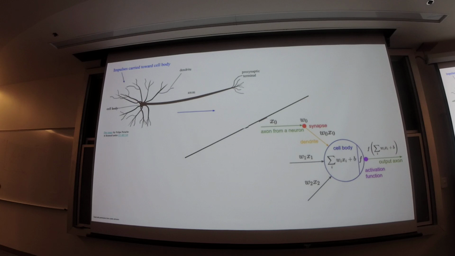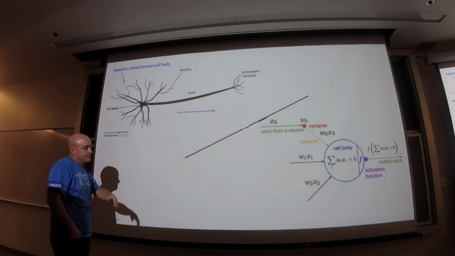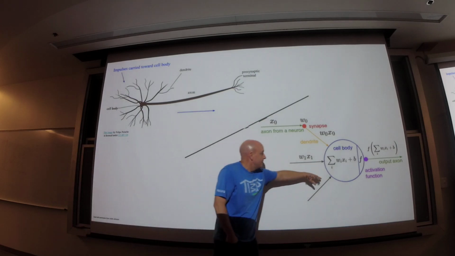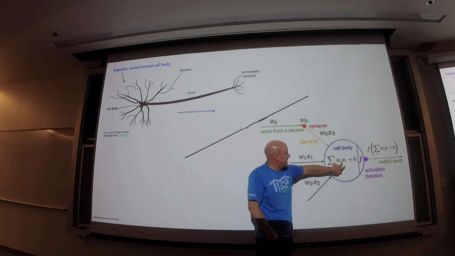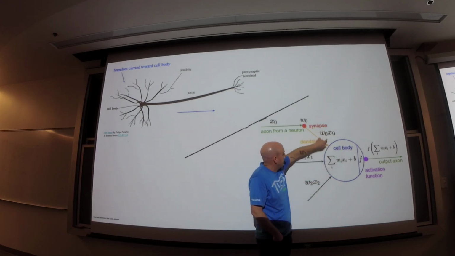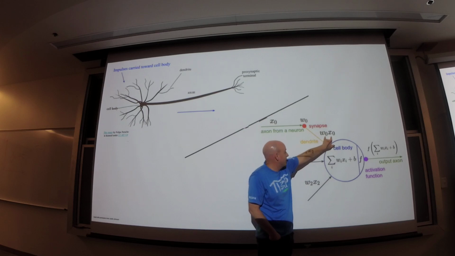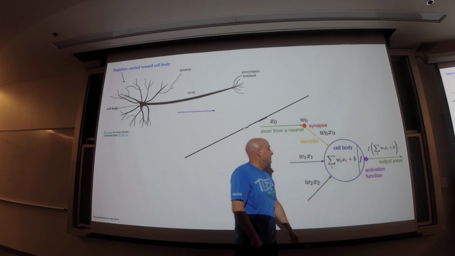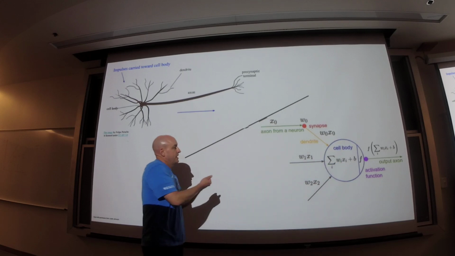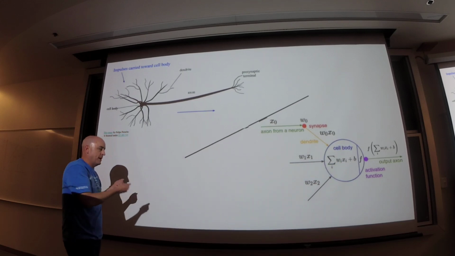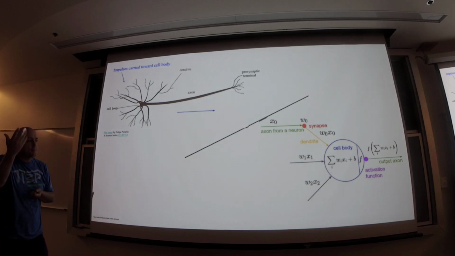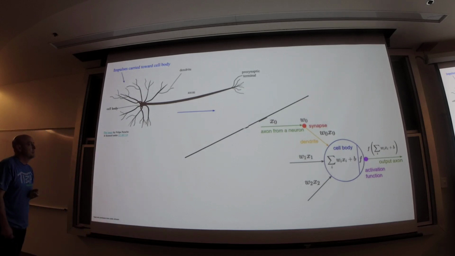There will be a weight associated with that, and so we might think of what's happening in the cell body as taking all of that integrated or transferred signal across all synapses and aggregating that together. This aggregation here is represented by a very simple summation with some sort of bias term that's determined by the neuron itself.